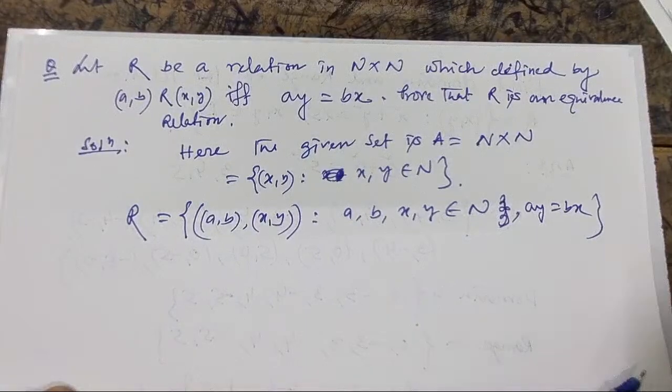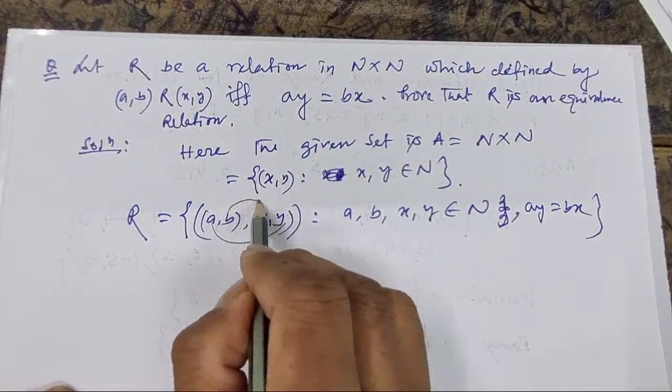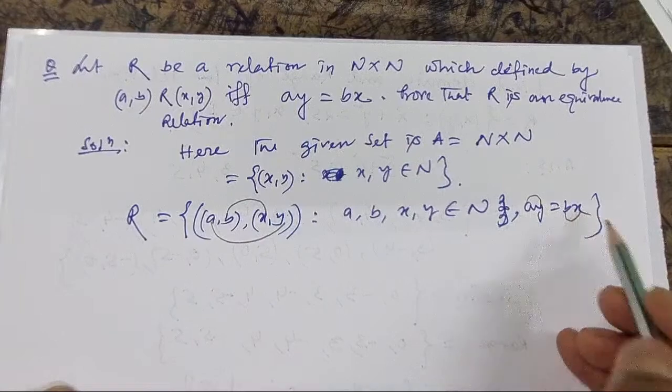That means check here, the first and last, and the second and first are multiplied: ay, bx. Please keep it in mind.